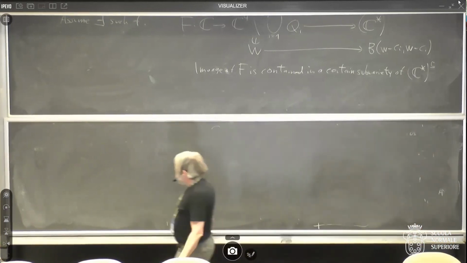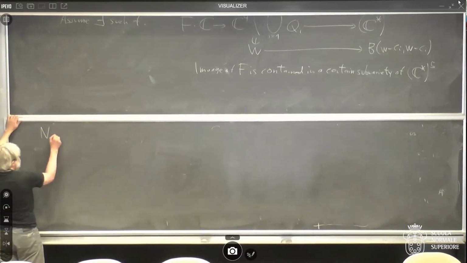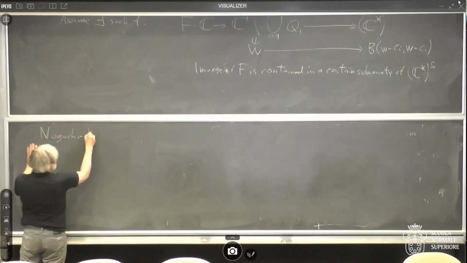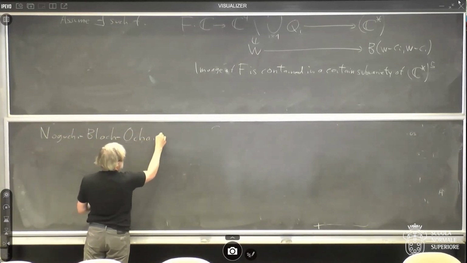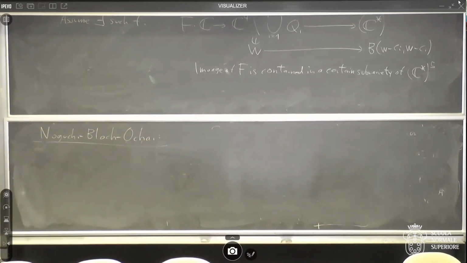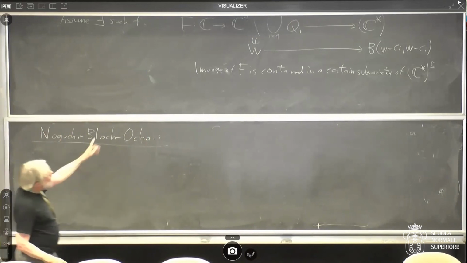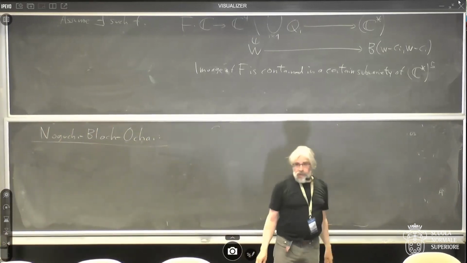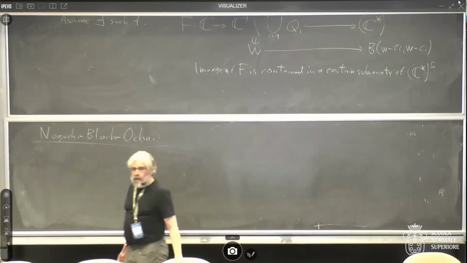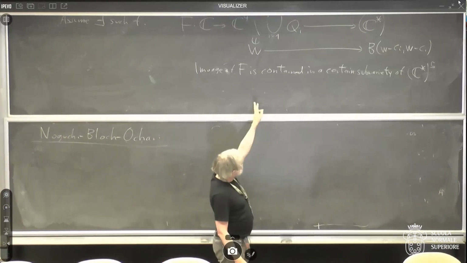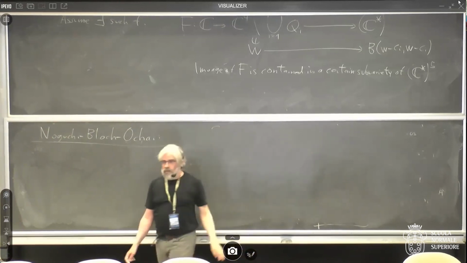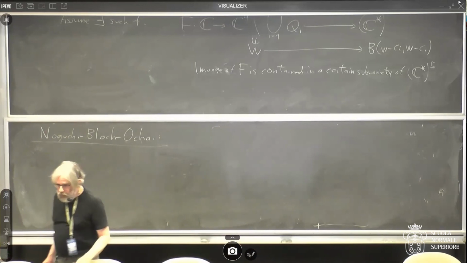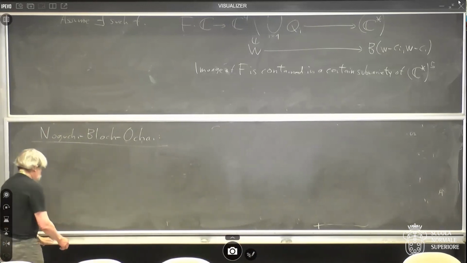And so I can use some classical results, in particular the results of Noguchi-Bloch-Ochiai, which state that if you have such a holomorphic map into some reductive complex Lie group, then the image cannot be contained in an arbitrary subvariety. In fact, such a subvariety must itself be an orbit of a subgroup.